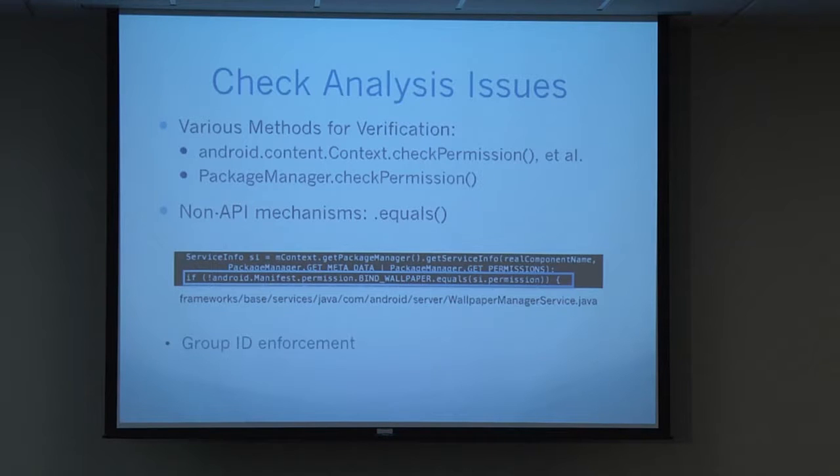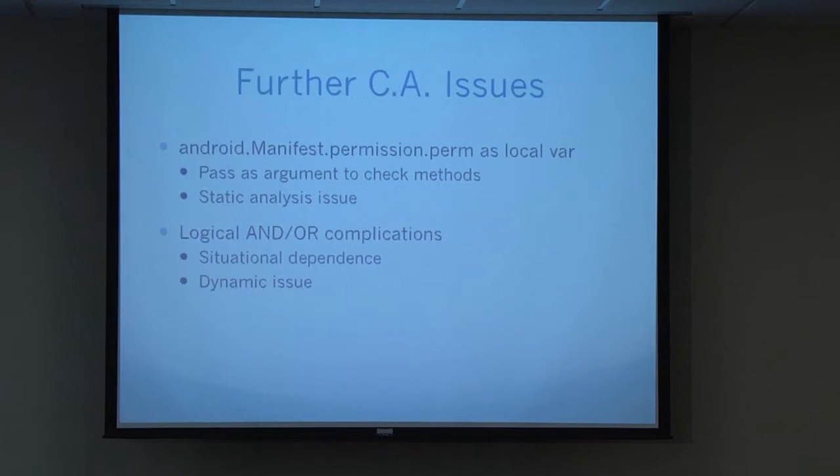And then lastly, in terms of check analysis, if you have group ID enforcement, there is no check permission call. It's done by the OS and then gets returned up when you hit an error upon verification time. So how are you supposed to look for that? Also, other complications.